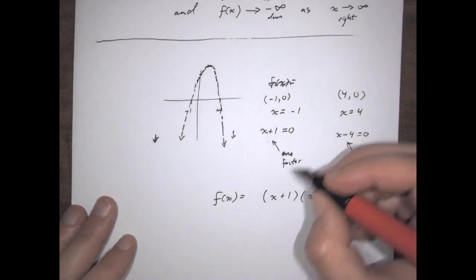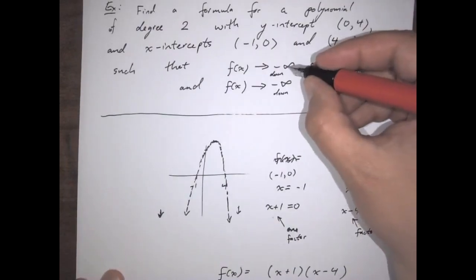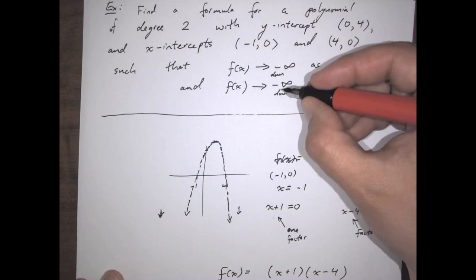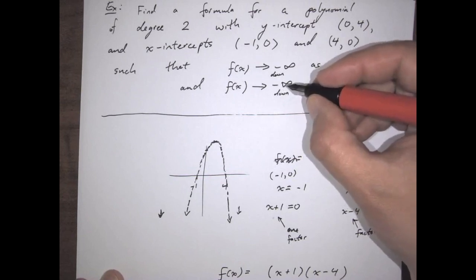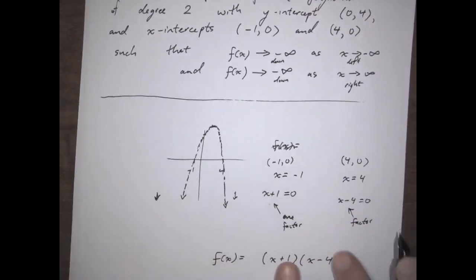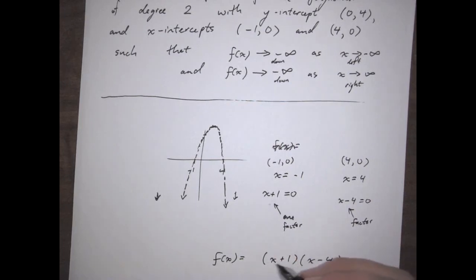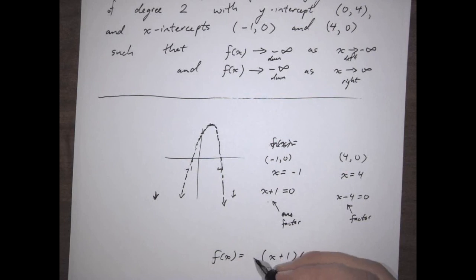As noted right here, we're supposed to have an end behavior that is pointing down on the left and down on the right. This one, if we were to figure out the leading term, would be positive x squared, which is going to end up with an upward facing parabola.